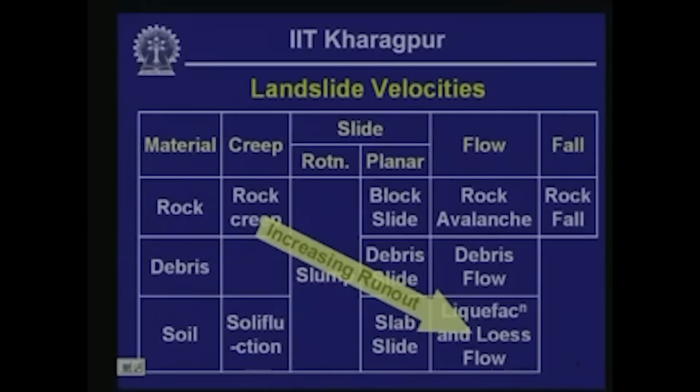So, basically what you see here is two things. Depending on what type of landslide you are looking at, the speed with which the landslide is going to move is going to be widely different, as well as the run out distance to which the potentially unstable mass is going to move, that is also going to vary over a very wide margin.